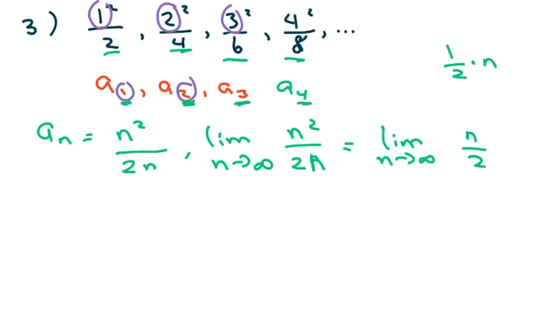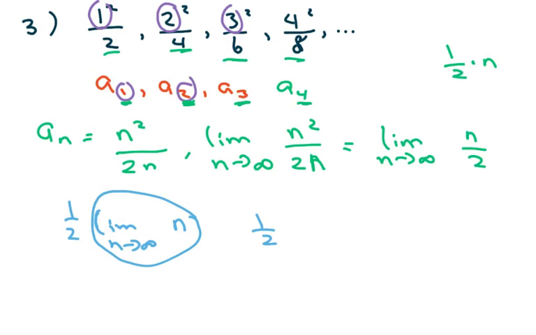So we're going to get the limit. I'm going to pull out the 1/2. The limit as n approaches infinity of n. And what happens is the limit of that is just infinity. You get 1/2 times infinity, so there's no limit. So no limit exists.